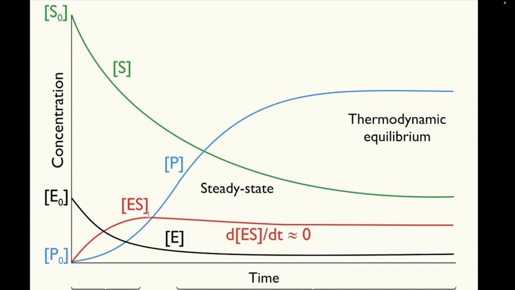And there is the red curve. While the reaction is going on, the concentration of ES is almost constant, so the derivative of ES by dt is approximately 0.